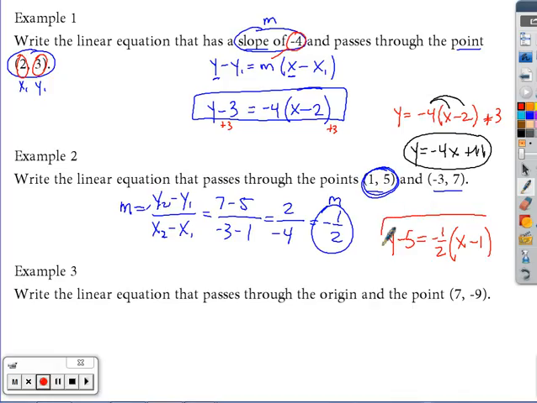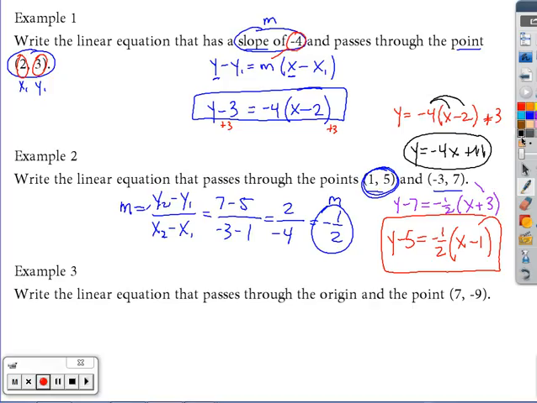I don't have to do any more. I could have chosen the other coordinate. The answer is still correct. What would that look like? It would say y minus 7 equals -1/2 times (x minus -3), which is plus 3. So there's actually 2 answers to this problem, depending on which coordinate you choose in point slope form.